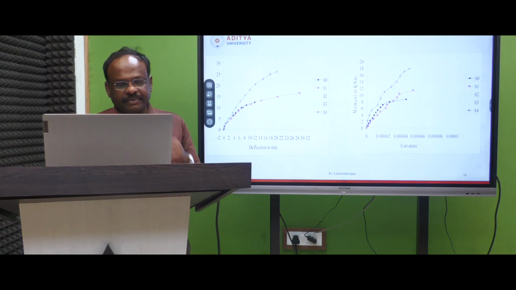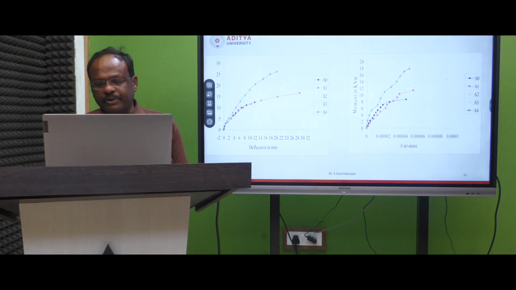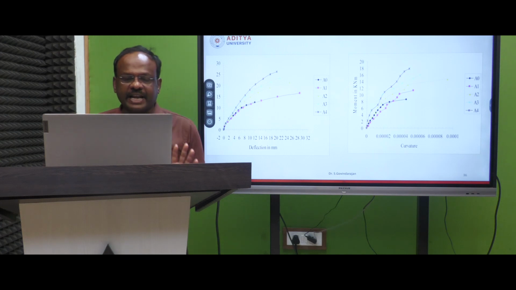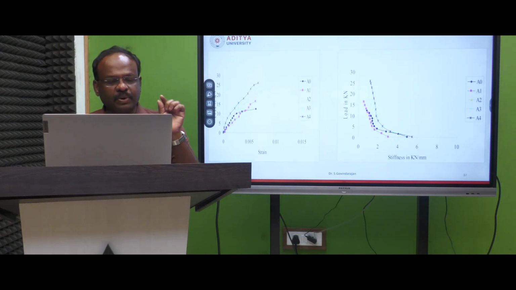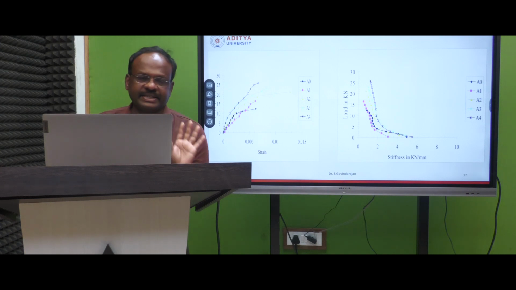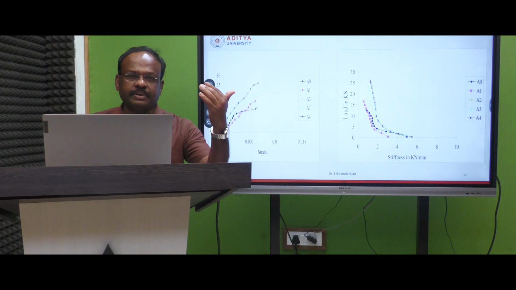Okay, and here are the parameters you find out after conducting this experiment: the load versus deflection diagram, moment and curvature diagram, load versus strain diagram, and load and stiffness diagram. The stiffness is nothing but load W divided by your deformation, that is called the stiffness value.